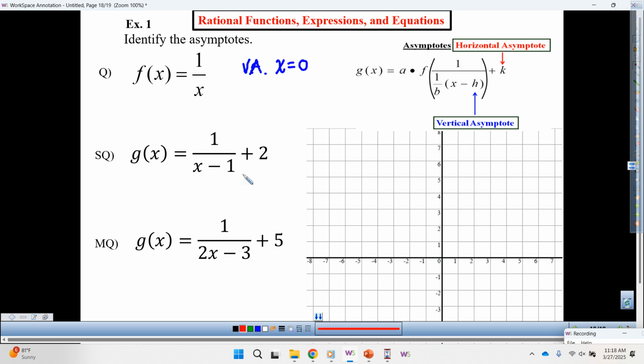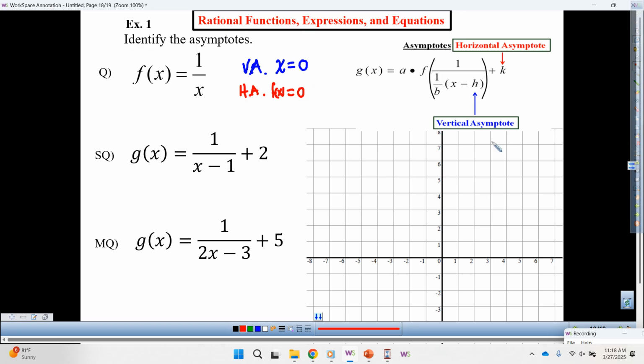Next, I'm going to write HA, horizontal asymptote, and I'll write f of x. Question, is there any k at the end of that fraction? Is there any constant? No, so my asymptote is 0.